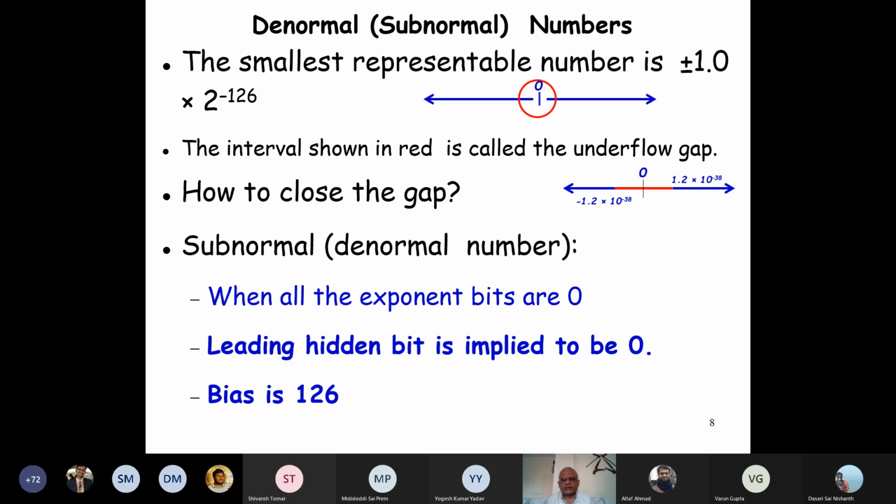And as we said, for the denormal numbers, all the exponent bits are 0. And when all the exponent bits are 0, the hidden one is also understood to be 0. And not only that, the bias is 126. Instead of 127, the bias is 126. Now let's see how it helps. The leading hidden bit 1 is 0, and also the bias is 126.